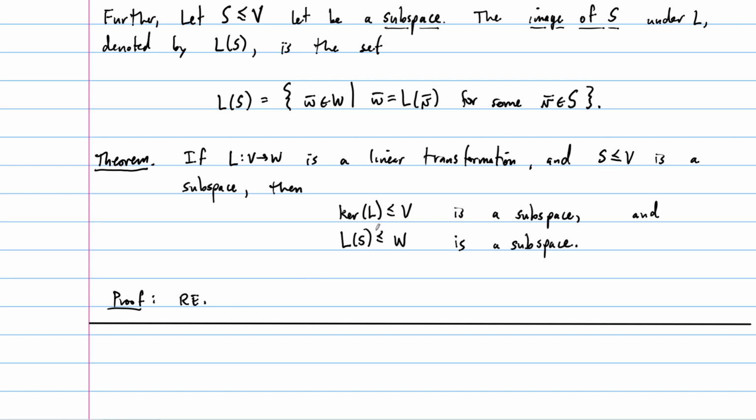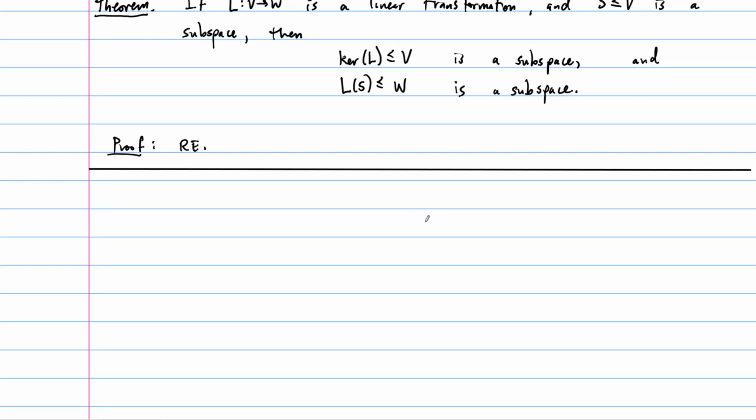So all you have to do is carefully put together those two definitions, right? The definition of a subspace, the definition of a linear transformation, and carefully make sure that those operations of vector addition and scalar multiplication are preserved. Okay, so I think you guys can do that one on your own. Give it a shot, and let me know if there's any trouble with it.